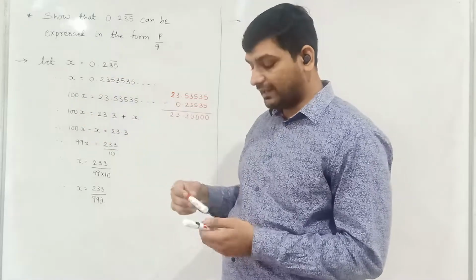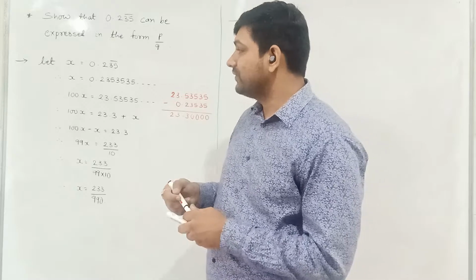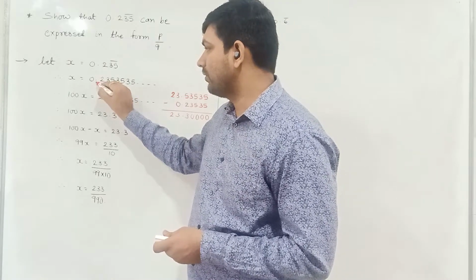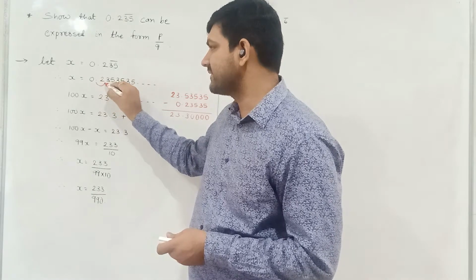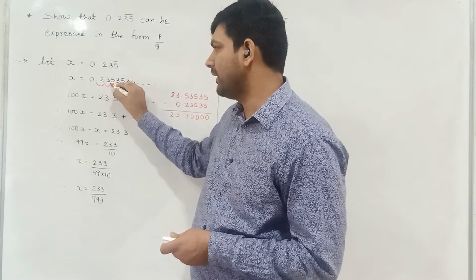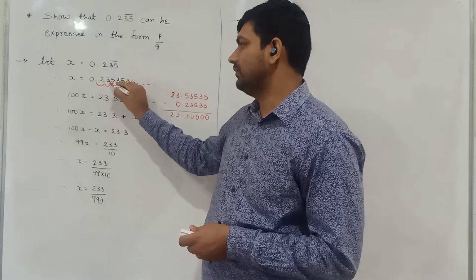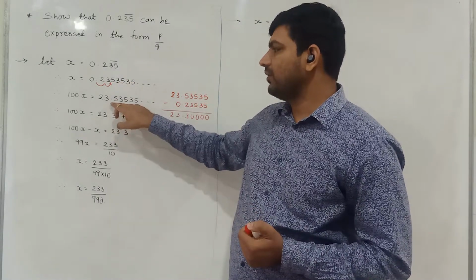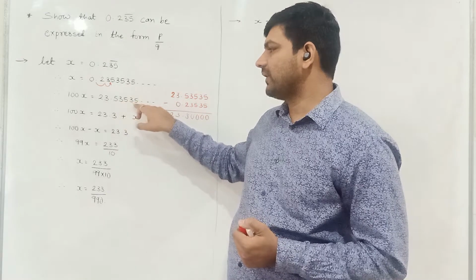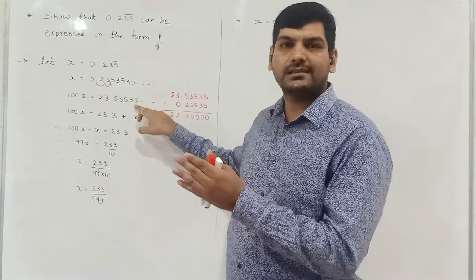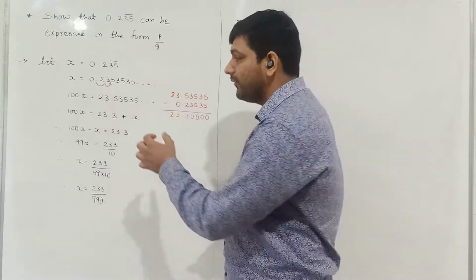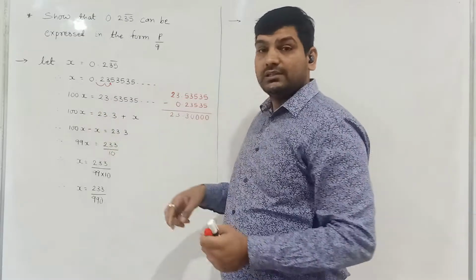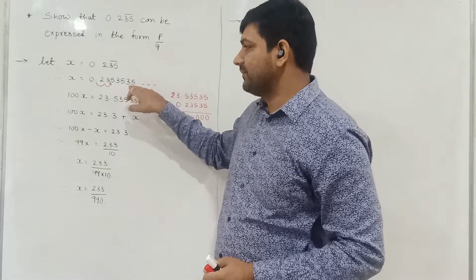And if we multiply with 100, the decimal point goes to the right side, one point and two points. So that becomes 35.3535 dash. Whatever value we get here, we subtract with the x.